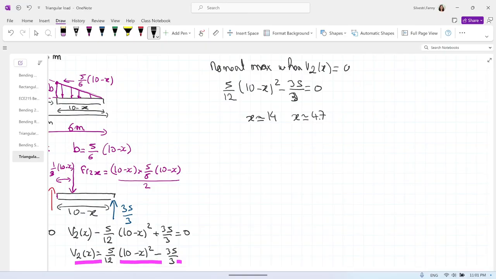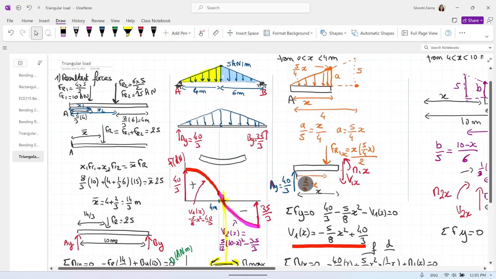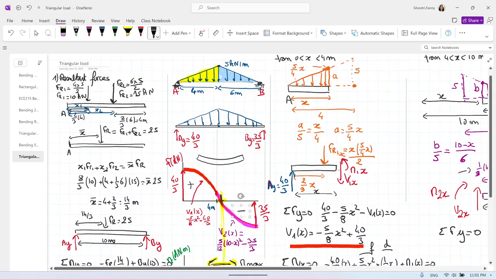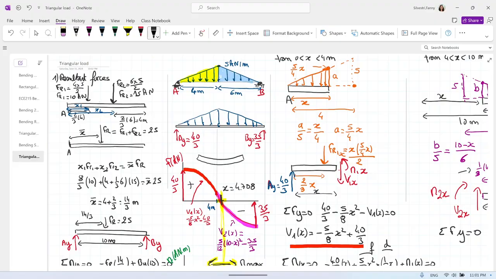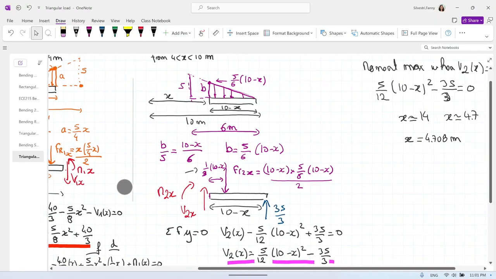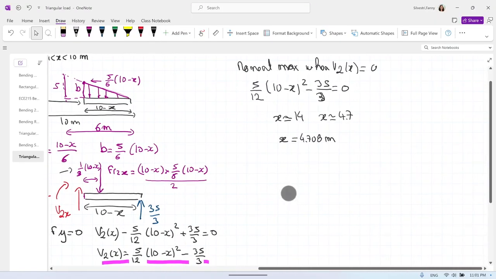So when you do that with solver, your answer will be exactly, let me plug in as close as possible, 4.708 meter, or 4.71. So this value there is for x equal 4.708.